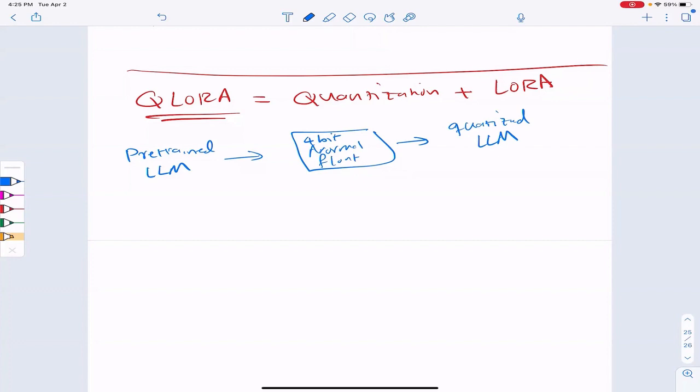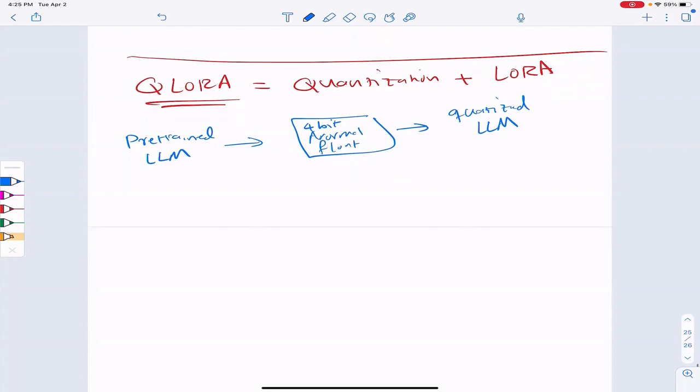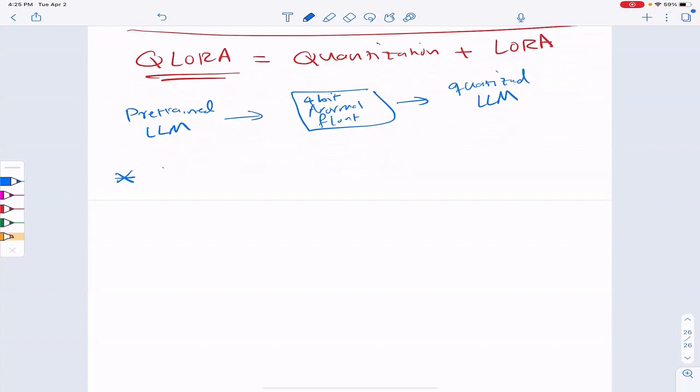You don't store the actual bits. But the trick is that for compute, by compute I mean the gradient computation for the LoRA weights, they use a 16-bit float version.